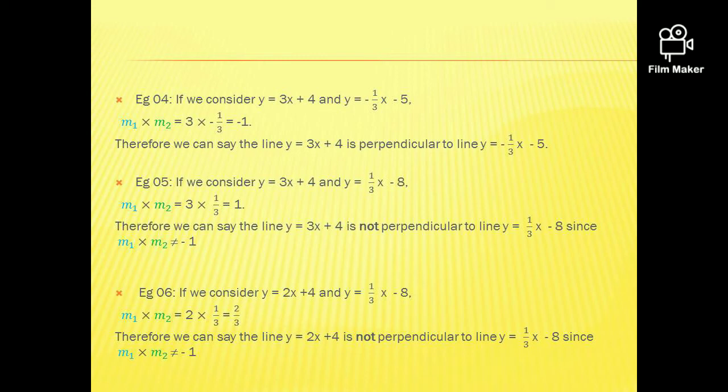Example 6. The two lines are y equals 2x plus 4 and y equals 1 over 3x minus 8. If you multiply the gradients, 2 multiplied with 1 over 3 is 2 over 3. Since the product is not minus 1, we cannot say these two lines are perpendicular to each other.